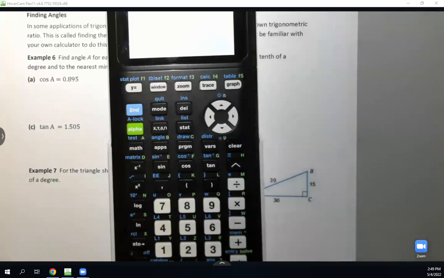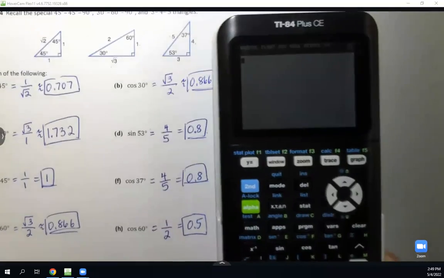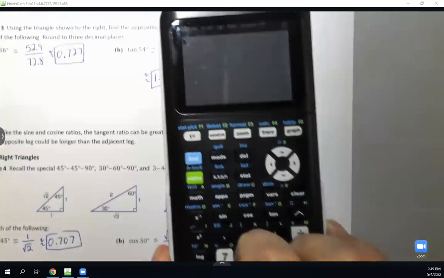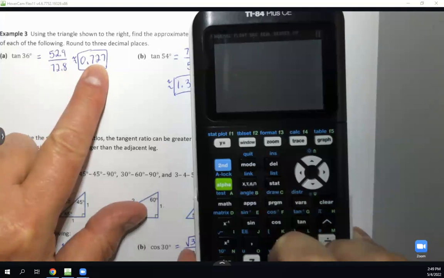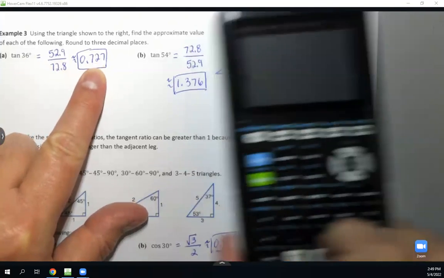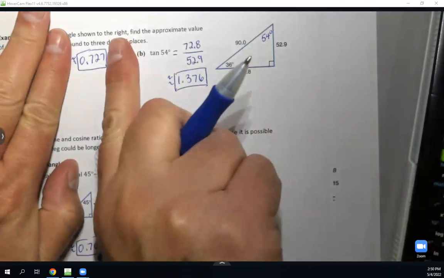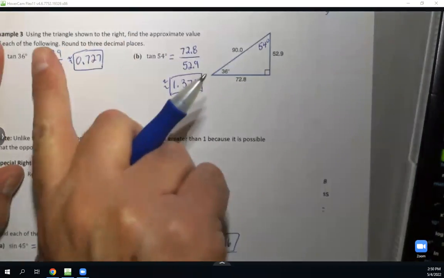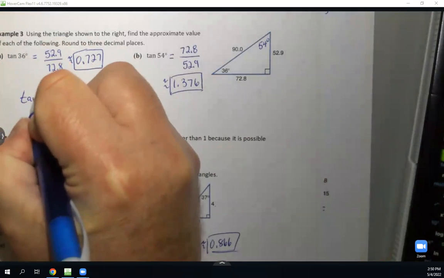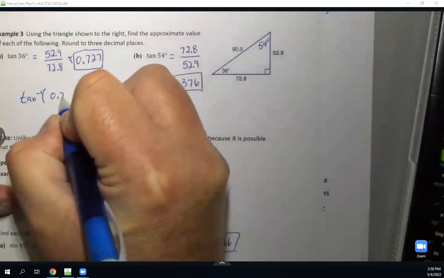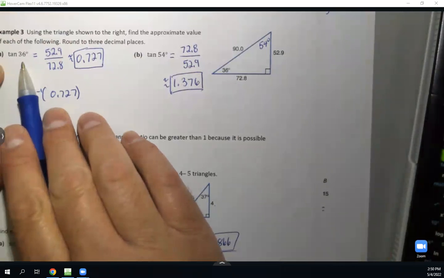So for example, I'll use something we've already done. We know that the tangent of 36 degrees is equal to 0.727. You with me? So if I knew the 0.727 and I wanted to figure out the 36 degrees, I would do inverse tangent of 0.727, and that'll give me the 36 degrees.